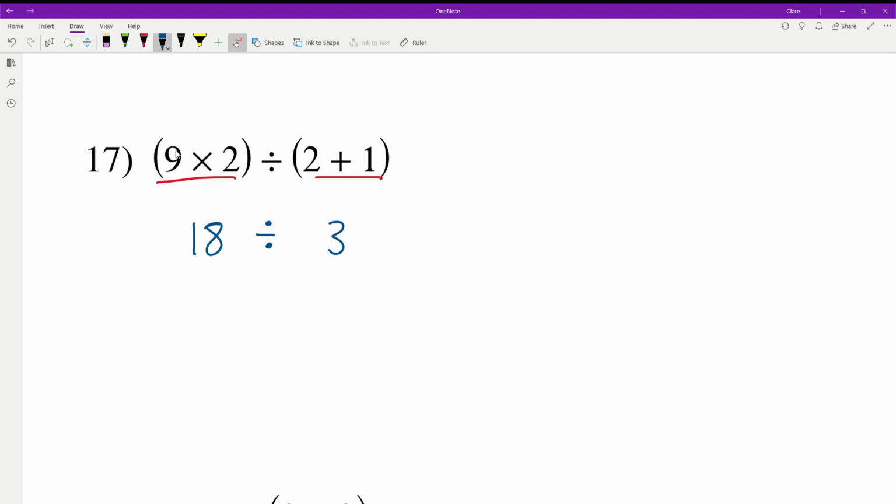So again, because my parentheses were separate, I evaluated this parenthesis, and then I'll be dividing that by evaluating that parenthesis. 18 divided by 3 will give me 6. So 6 is my solution in number 17.